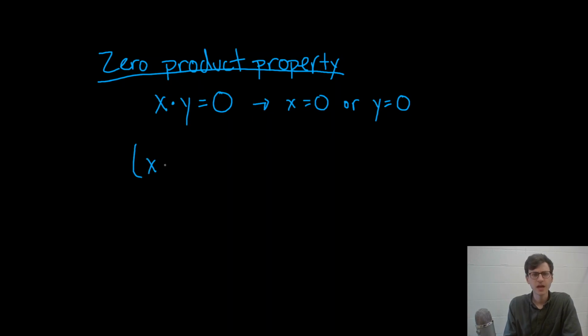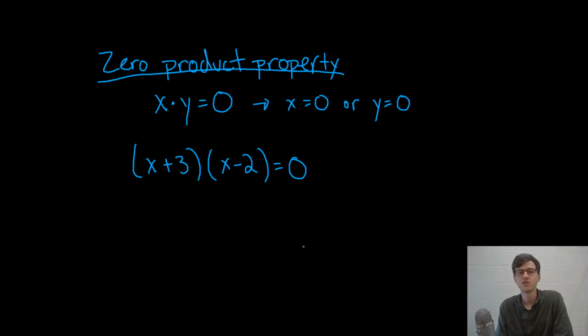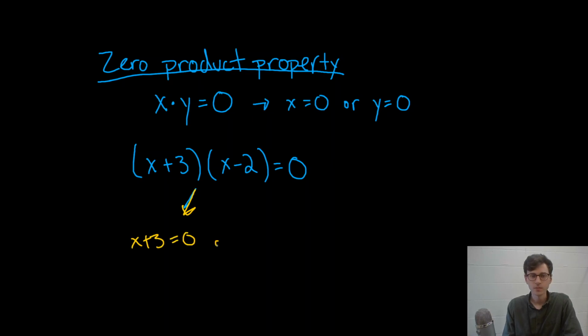What if I have x plus 3 and x minus 2 equals 0? x plus 3 times x minus 2 equals 0. Well, there's two options. Either x plus 3 is 0 or x minus 2 is 0.